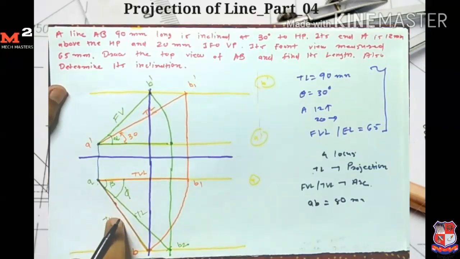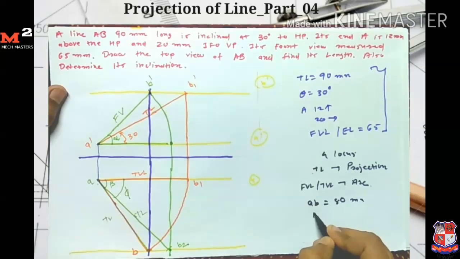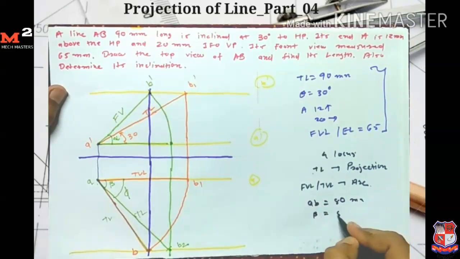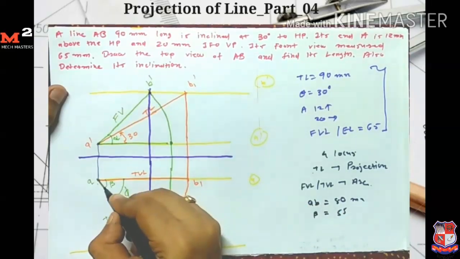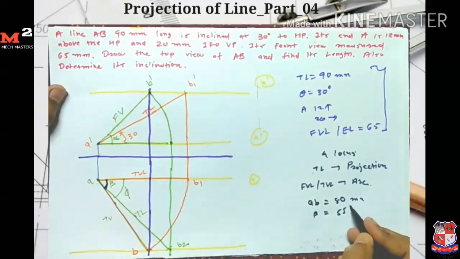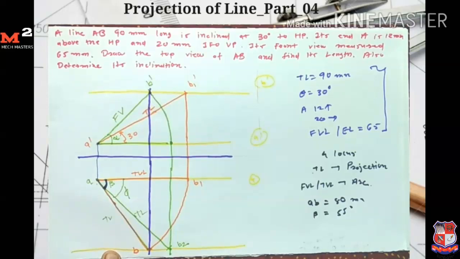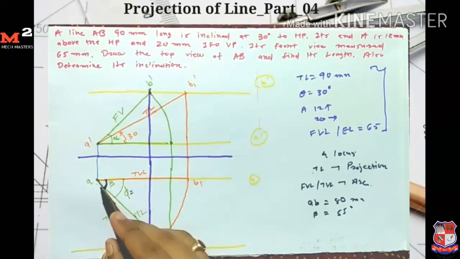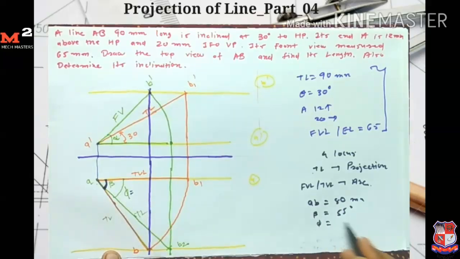So inclination beta, the inclination of the top view length, is called beta, which is equal to 55 degrees. Here we also find the angle phi, which is the true length's angle with the vertical plane. If we measure angle phi, then phi is equal to 45 degrees.